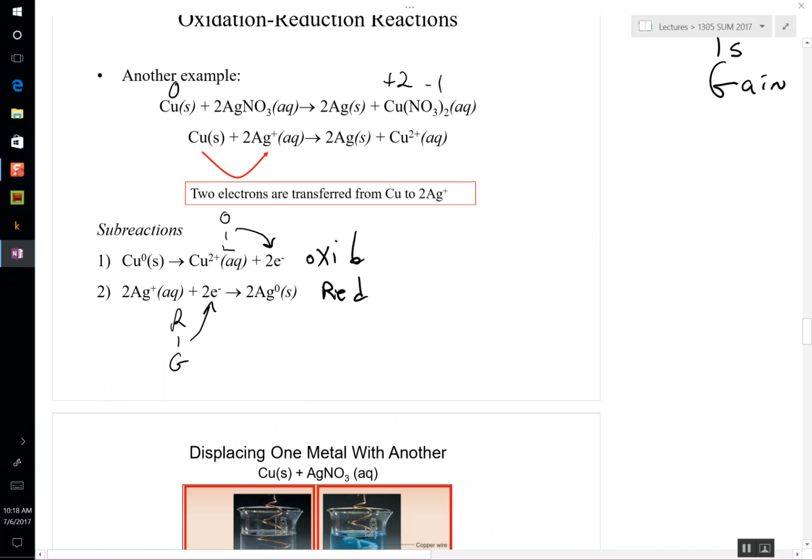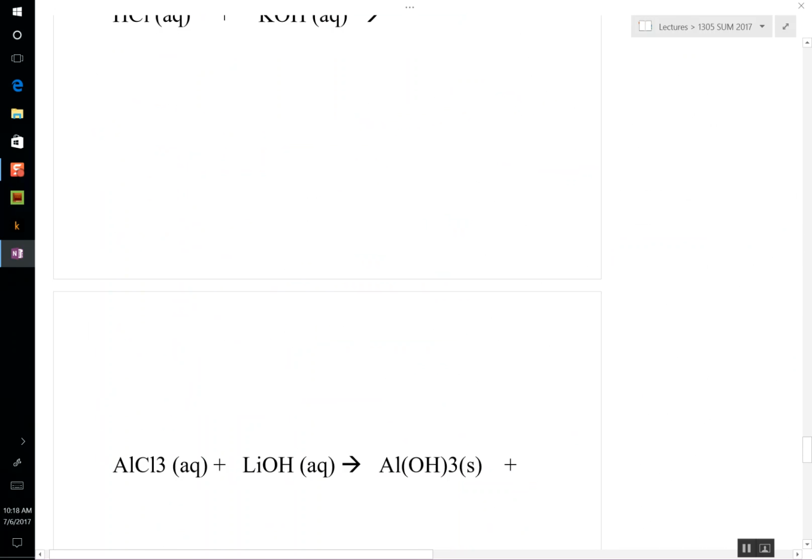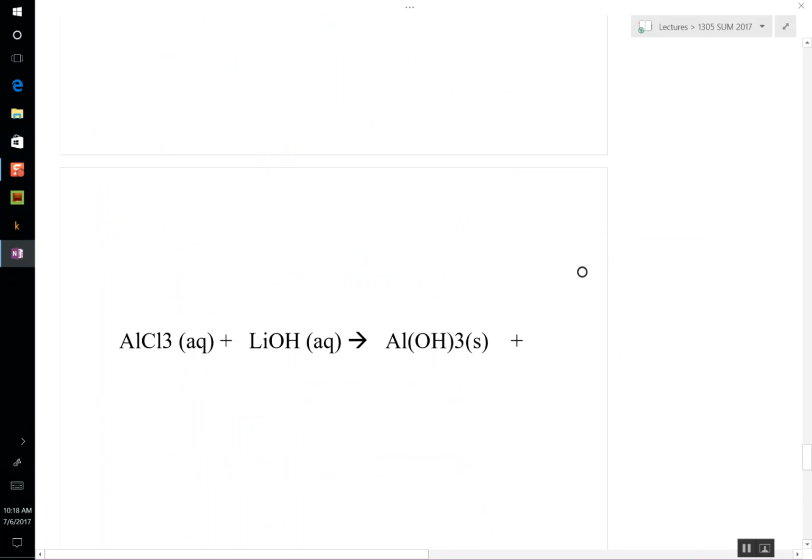Okay, I think this is finishing off these slides. Now, remember, everything on this side of the equation has to show up over here. This is a little bit simpler one. We've got aluminum, we've got our hydroxides, it's not balanced, but what don't we have on the product side? Lithium chloride.